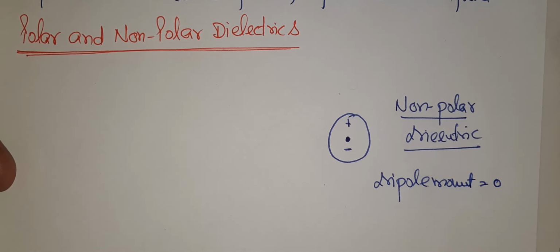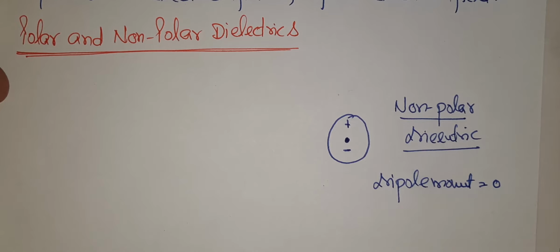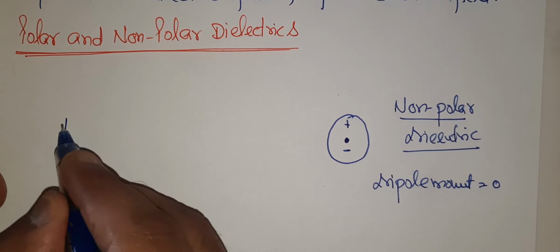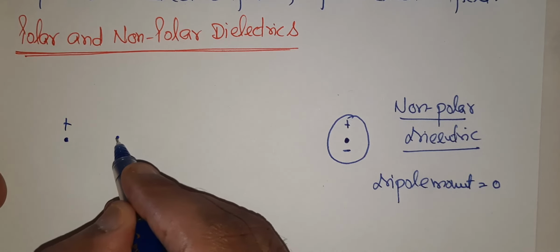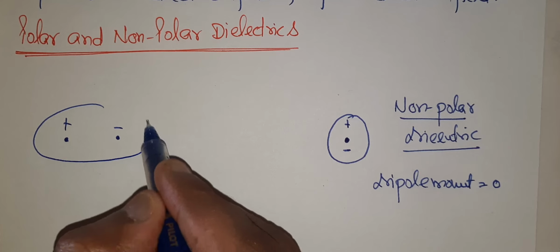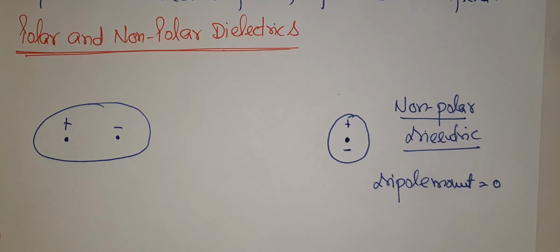Okay. Polar dielectrics are those dielectrics in which center of positive charge and center of negative charge are separated by some distance.